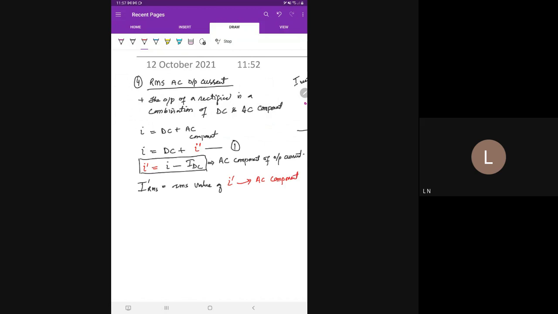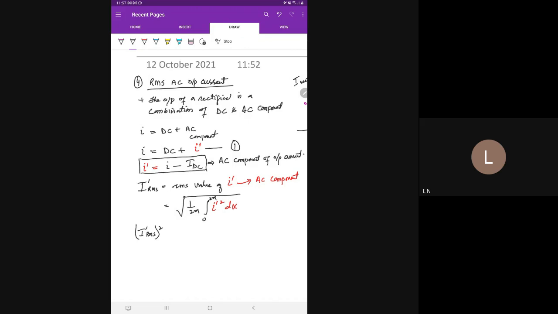And we know the RMS value is always calculated by root of 1 by 2 pi, integration 0 to 2 pi, then AC component square d alpha, whereas alpha is the conduction angle in the rectifier.